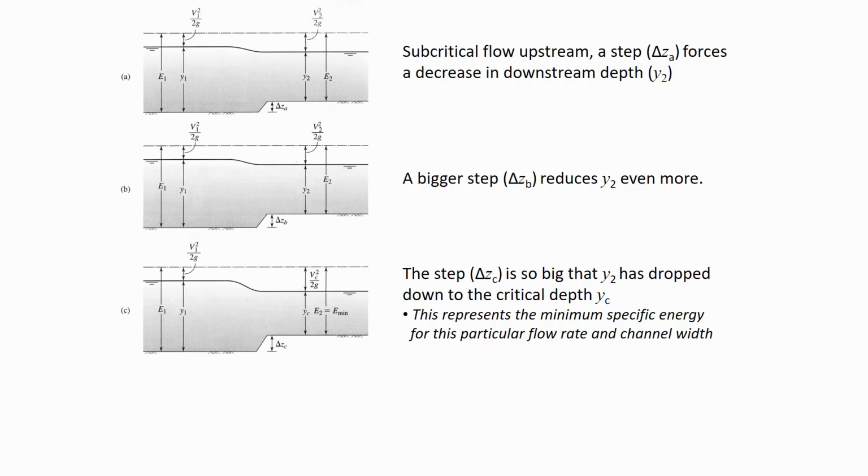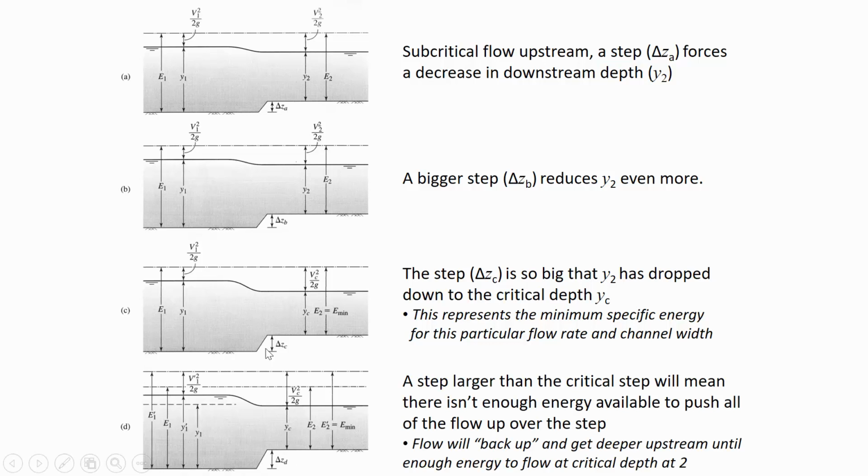So what I'm saying is there is some delta Z, some obstruction distance, where if we're trying to step up over a greater obstacle height than that, we won't have enough energy at 1 to do it. And then it would start to choke the flow. Now this diagram is really complicated, but what it's showing is E1 is how much energy there was before we overdid it with the step up.